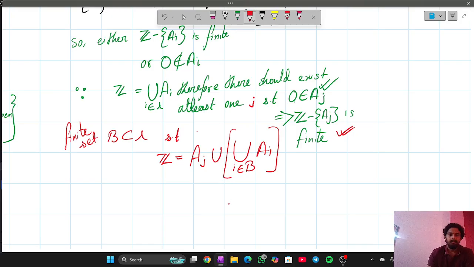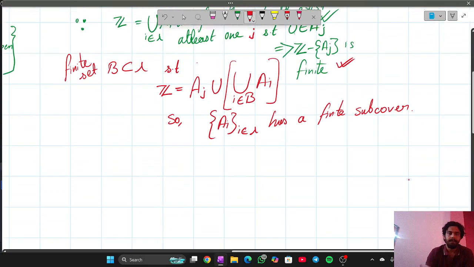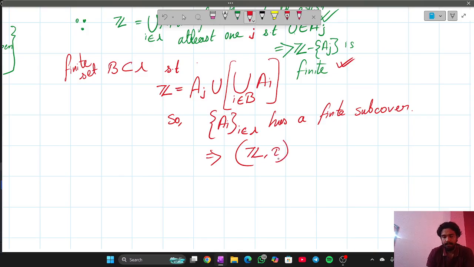Okay, now so this has a finite subcover, right? It must have a finite subcover, and henceforth we can say that it is a compact space.